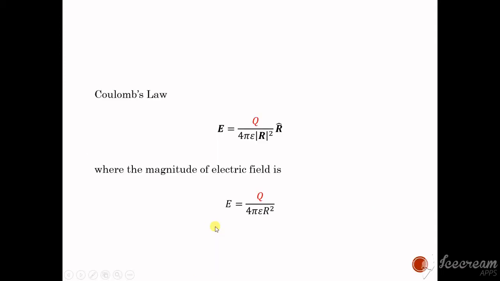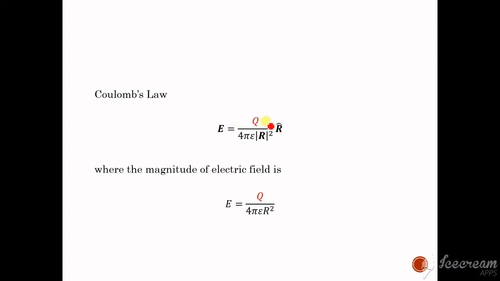Okay. So let's just recap Coulomb's law, which we already went through in the previous class. So this is the equation to find the electric field. Here the electric field is proportional to the amount of charge and inversely proportional to the constant 4 pi epsilon 0 and the square of the distance between the charge, which is the source for the electric field, and the point of interest where you want to find the electric field.